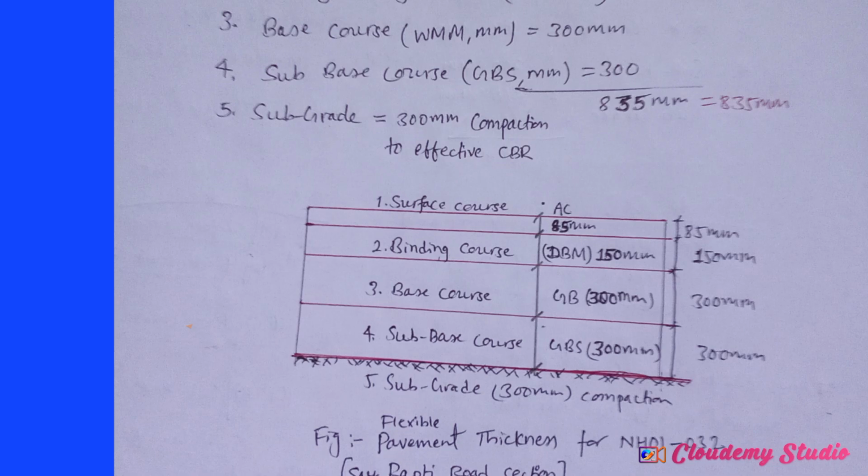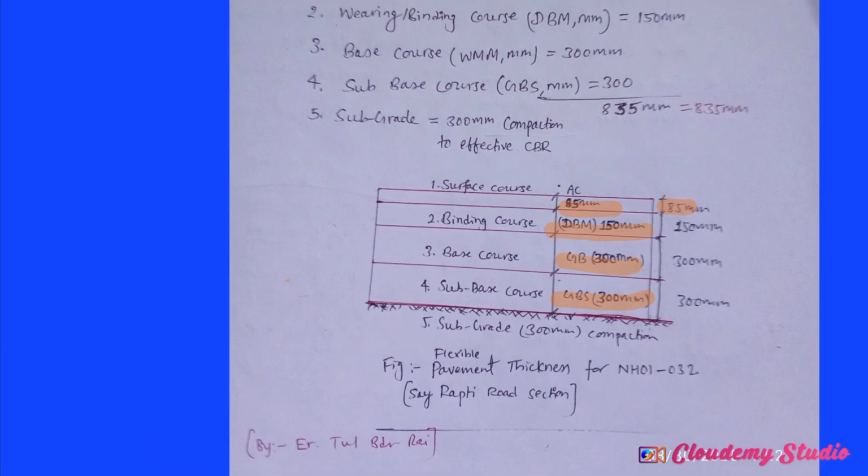Then the granular subbase course of 300 mm is applied and prepared, and then the granular base course of 300 mm is laid over the subbase course, and the binding course of dense bituminous macadam of 150 mm is laid over the base course, and the surface or wearing course of asphalt concrete with thickness 85 mm is applied on the top surface.